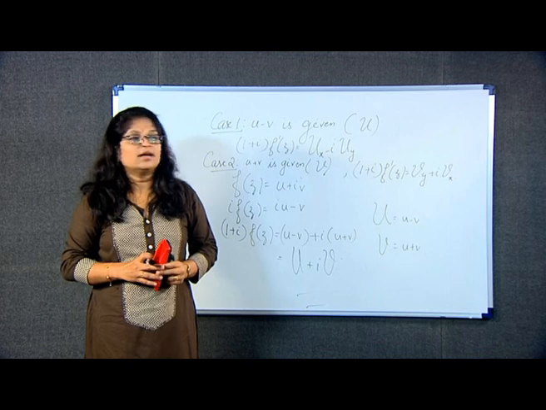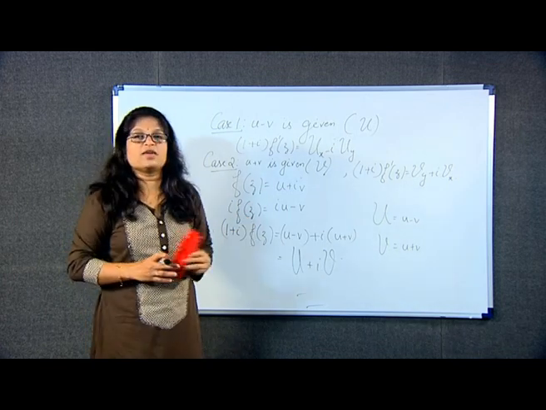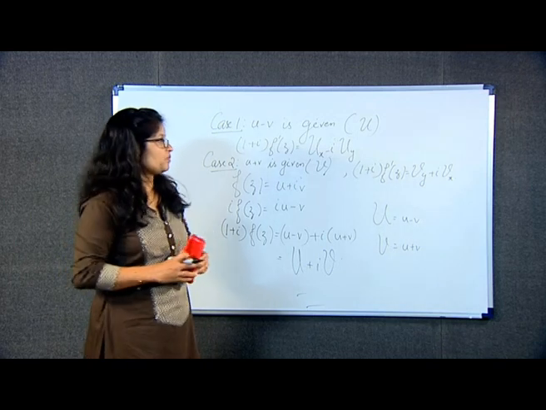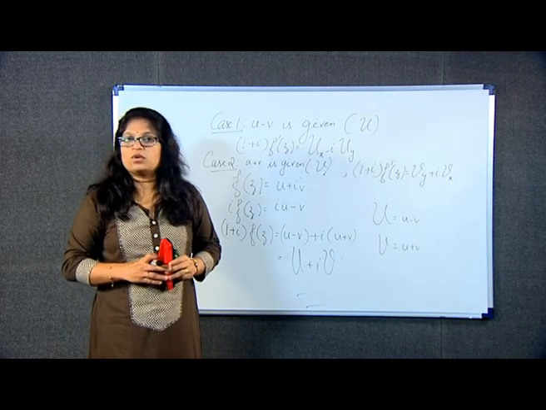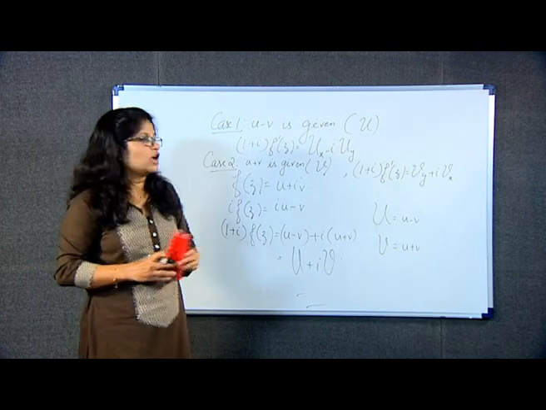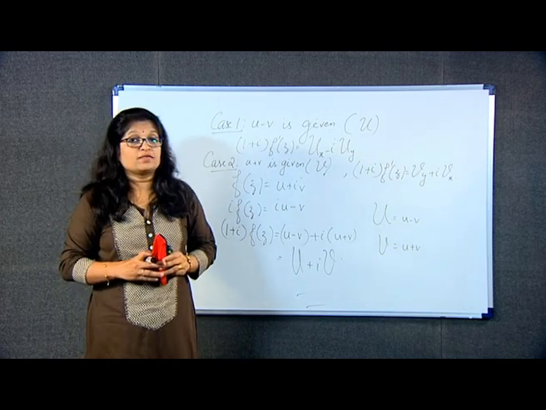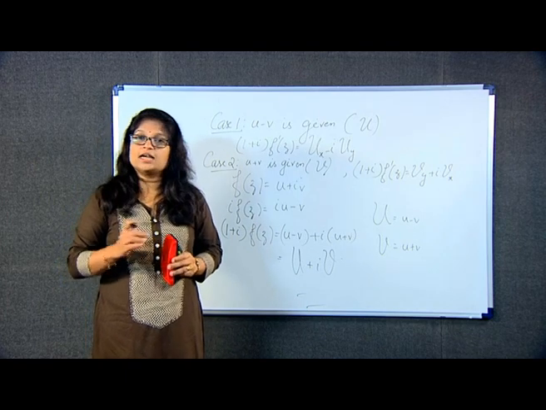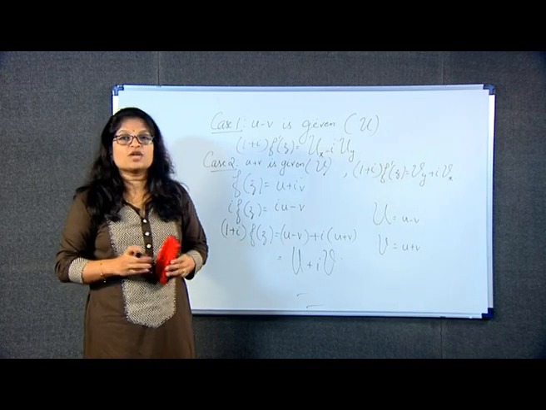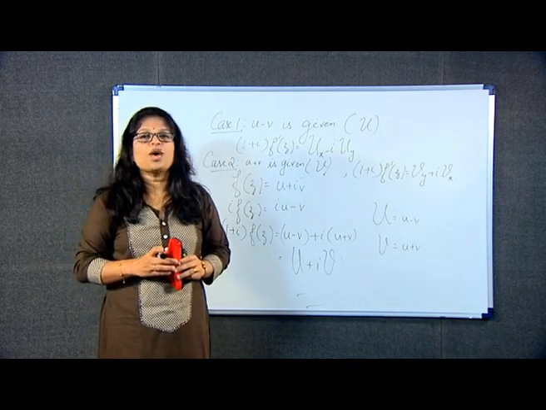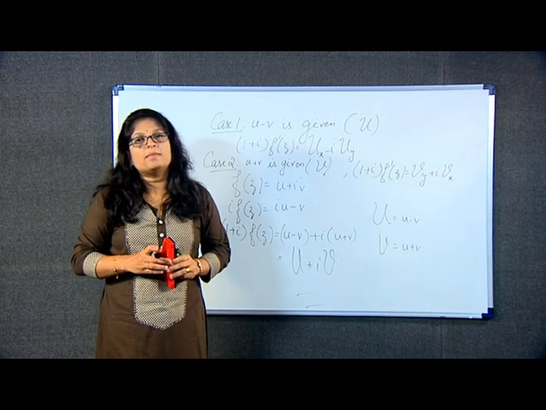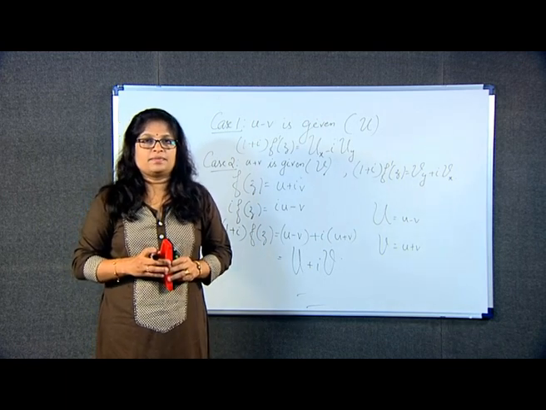So, (1 + i) f'(z) instead of f'(z) is V_y + i V_x. This capital V is nothing but u + v. So again I substitute x = z and y = 0, make it a function of z and then integrate it to get (1 + i) f(z). So here in order to get your f(z) back, what do you have to do? You have to divide the function which you have obtained by (1 + i).